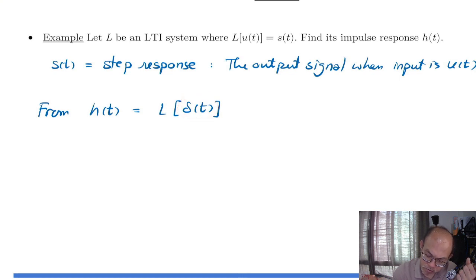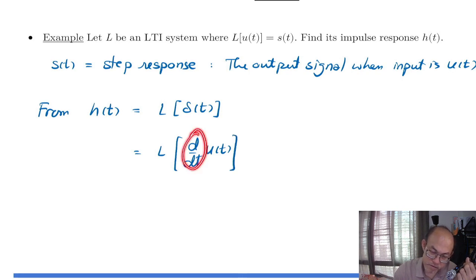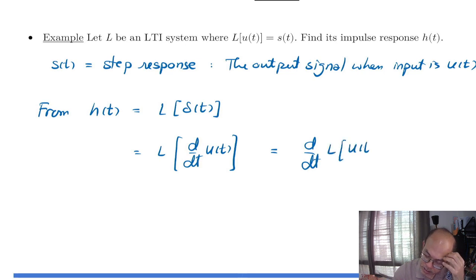Now we know the unit impulse is the derivative of the unit step with respect to time, right? So from the differentiation property, we can take the d by dt out and take L in. So this is equal to d by dt of L of u of t. But from the problem, we know L of u of t is S of t, right? So this is d by dt of S of t.